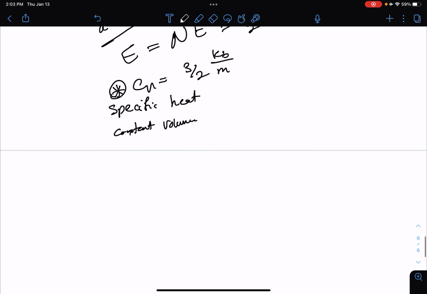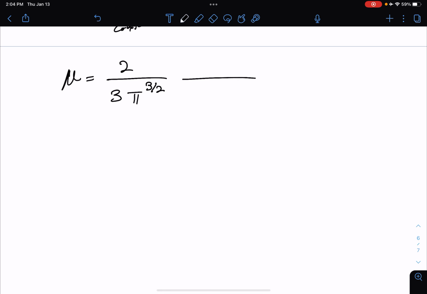Okay? We can also relate the viscosity to the temperature. And the relationship is like this. 2 divided by pi to the power 3/2 multiplied by the square root of M, Boltzmann constant, temperature, divided by the diameter, or the cross-sectional length, squared.